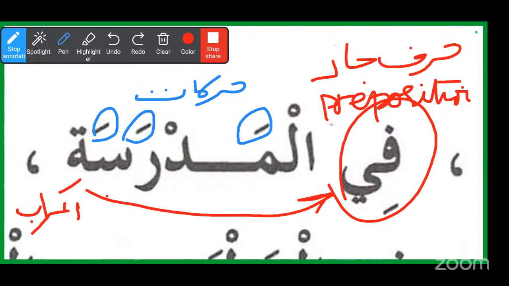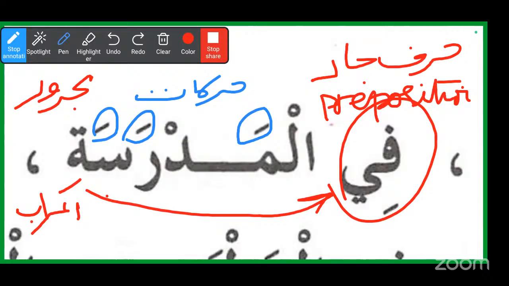And the word that is following the harf jar is called majroor. So majroor is the whole word, not only the last letter. Majroor is the whole word that is following the harf jar.